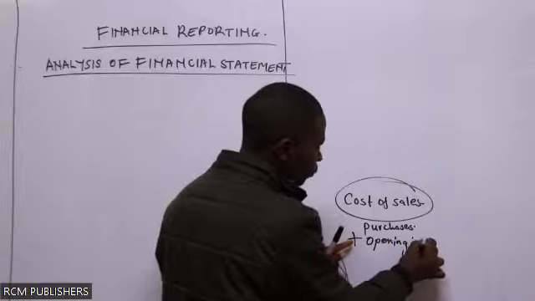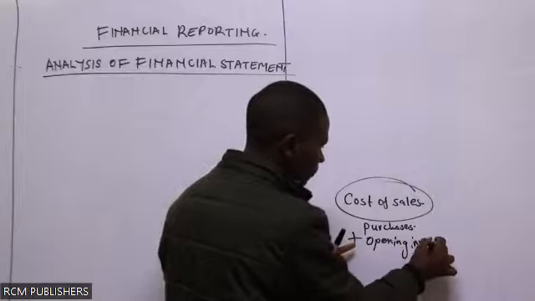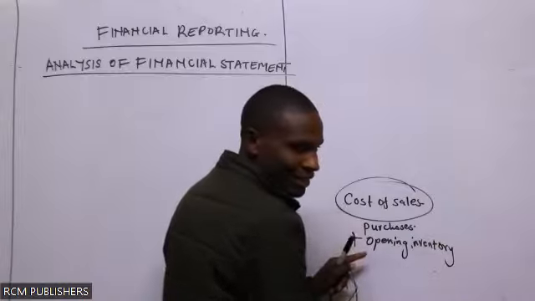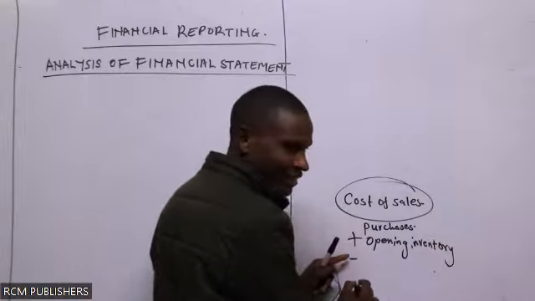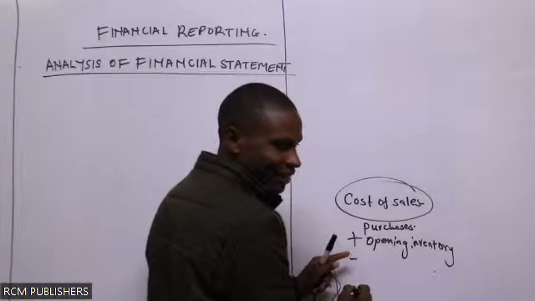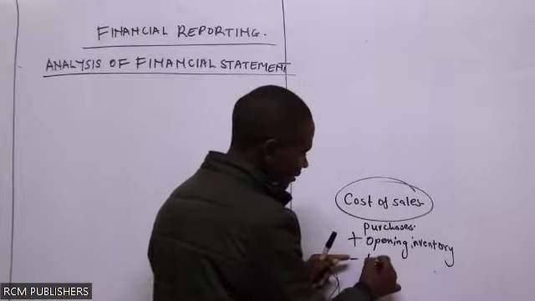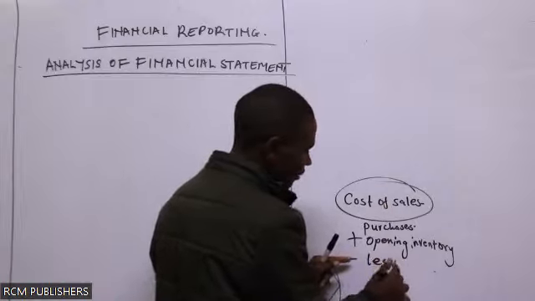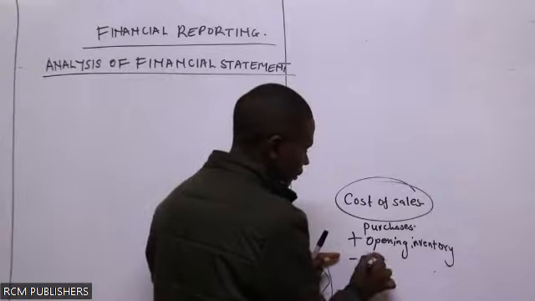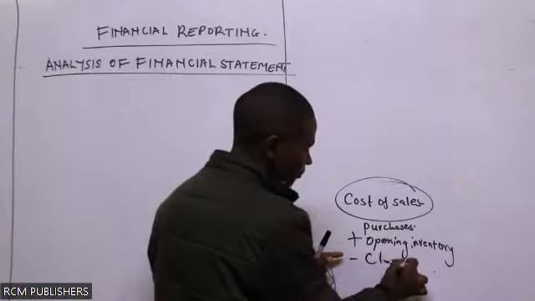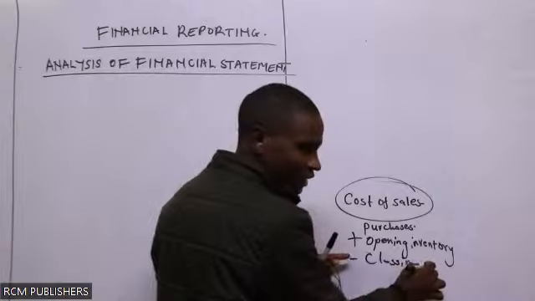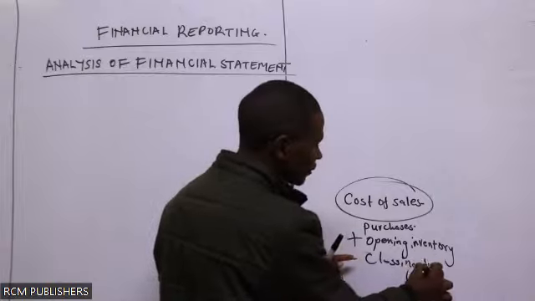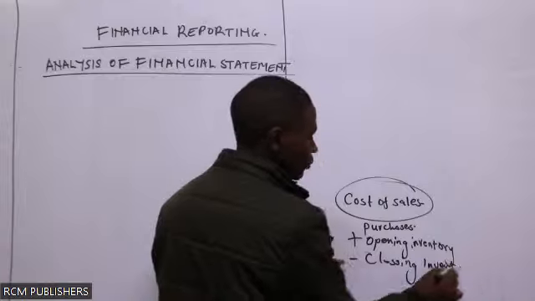I want you to be very ripe on this. Then we less what? Closing inventory, right? Let's just call it closing inventory. This is a very good item that you have given us.